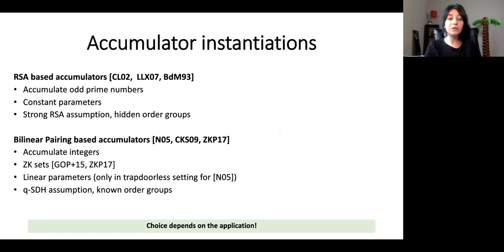And because of this flexibility in the domain, they have been used to represent zero-knowledge sets. RSA accumulators are usually preferred because of their constant parameters, but in our case, where we have a manager, most of the operations we can do with constant parameters as well.